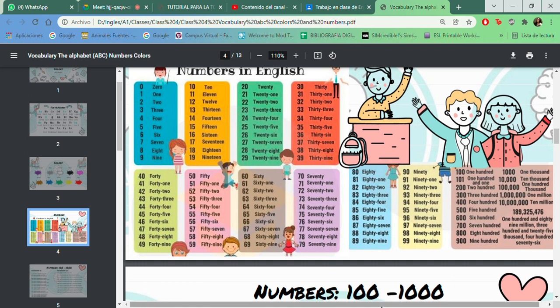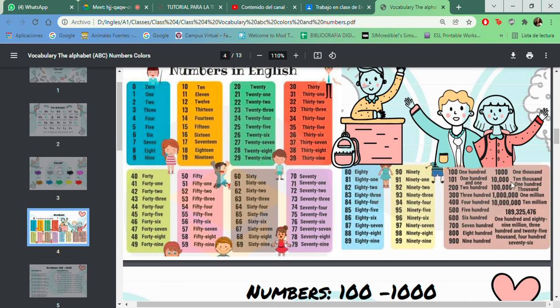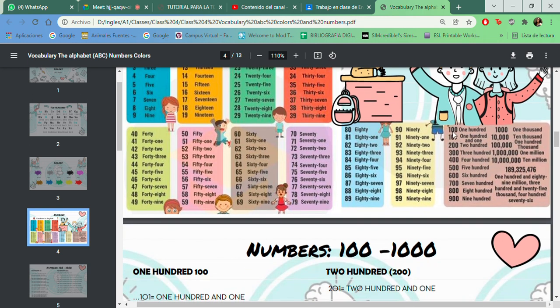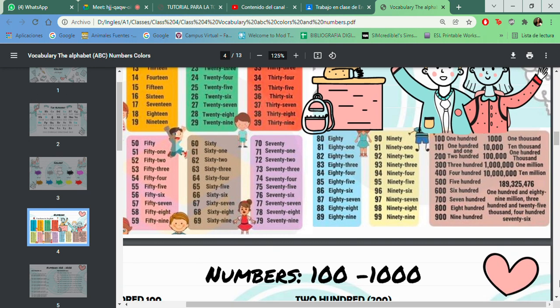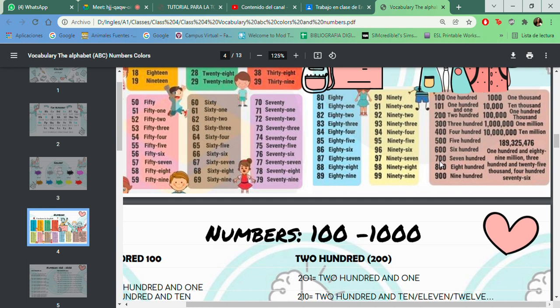Good. Now we have, for example, this is 100, after 99. Remember that this is with the number, right, 60, 61, 62, 63, etc., until 99, then 100.